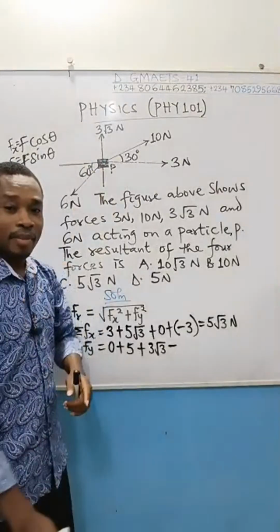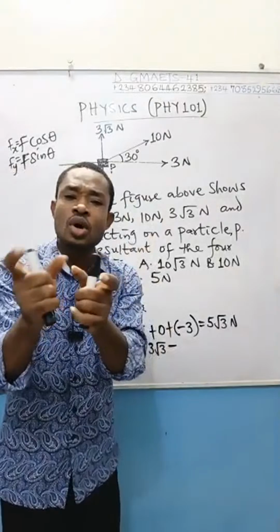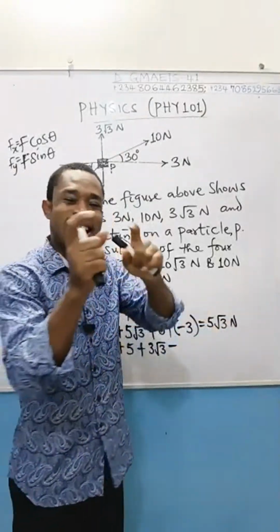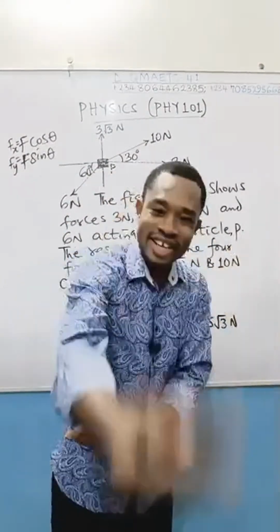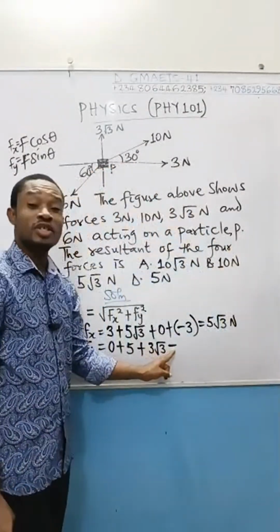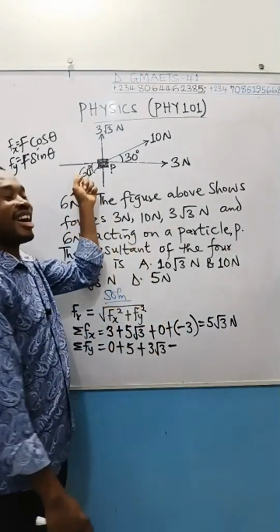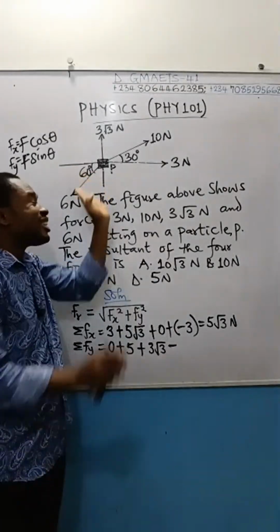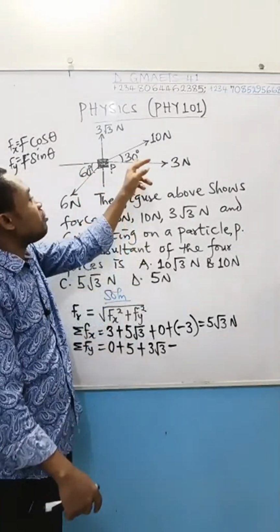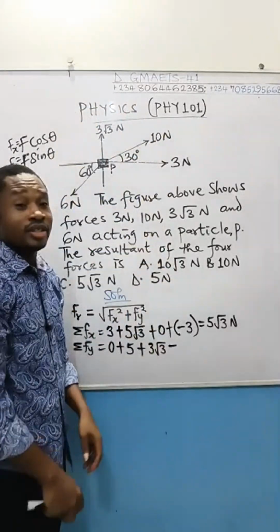In that case, if I'm evaluating 6 sine 240, sine 240 will still give you the same result as sine 60. The only difference is that sine 240 will give you a negative value, which is why you have this minus there. But if you are using this 60 directly, you want to remember that since this angle is directly in the third quadrant only, you didn't measure it from this positive x-axis anti-clockwise this way down to this point.